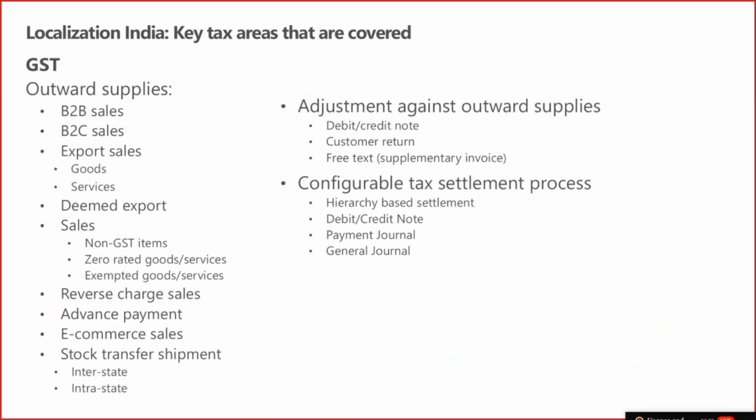So as you know, the GST focus is basically on outward and inward supply. And what we are covering in the outward supply is the B2B transactions, meaning registered to registered person transactions. We are covering B2C transactions. So if you see currently today, the B2C transactions are not relevant.